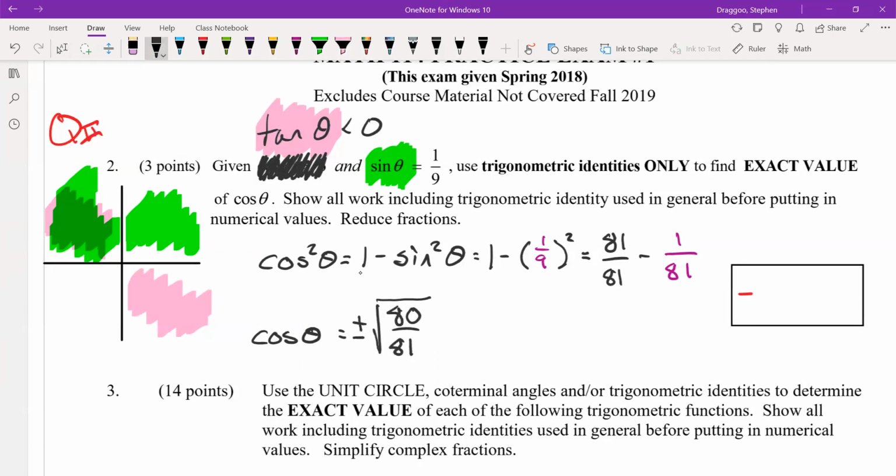I've mentioned it once or twice before, but I'll say it again here. Anytime we take the square root of a variable, we should have a plus or minus show up. Plus or minuses aren't always necessary if I'm taking the square root of a number, but they are if I'm taking the square root of a variable. In this case, cosine theta, because it's got a theta in it, is going to be considered a variable.